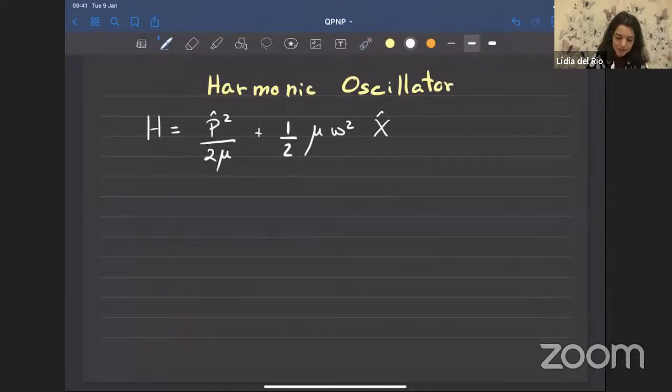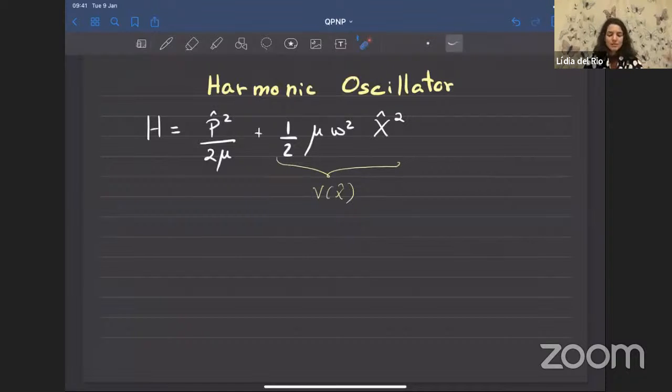And then here's the big news: this here is our V of x, our potential. And now it has a special form because, unlike most of the others that we've seen, it depends on x squared. First I'll tell you why we care about this one, and then I'll tell you a bit more about how to solve it.